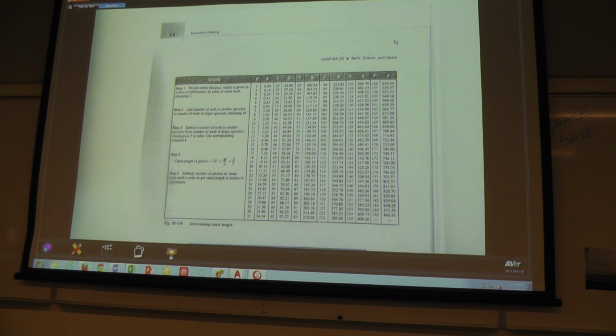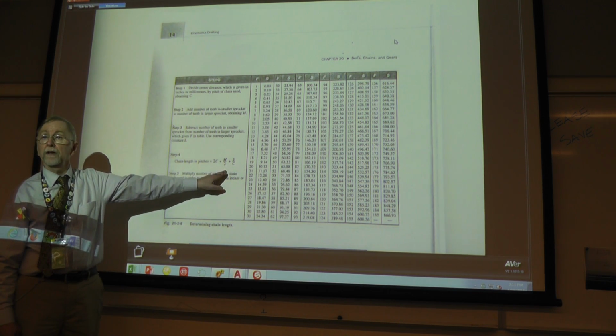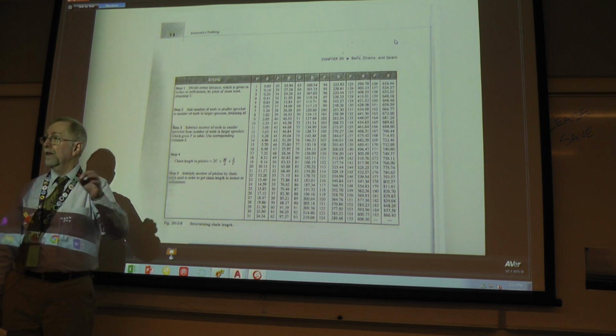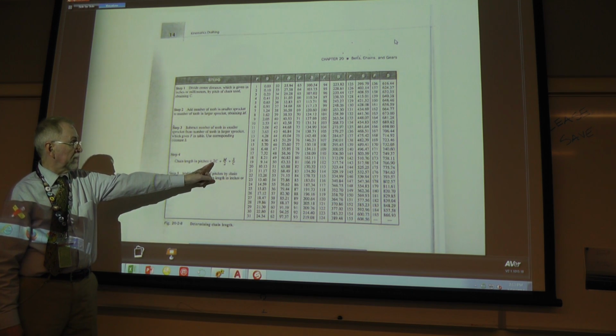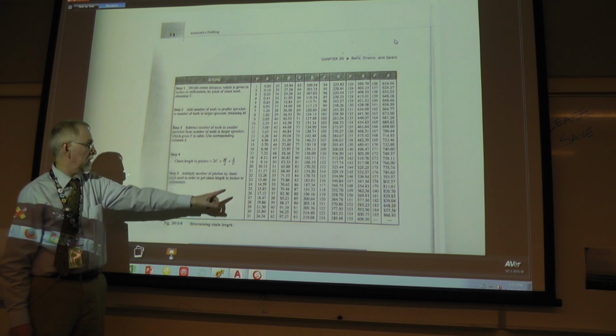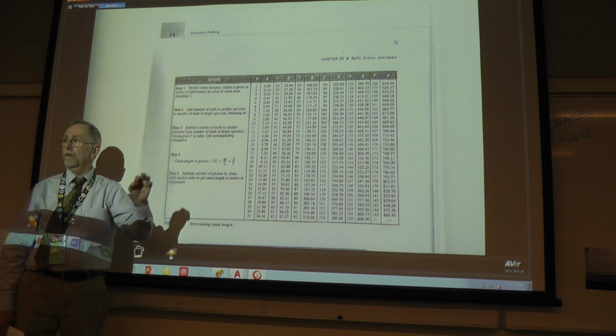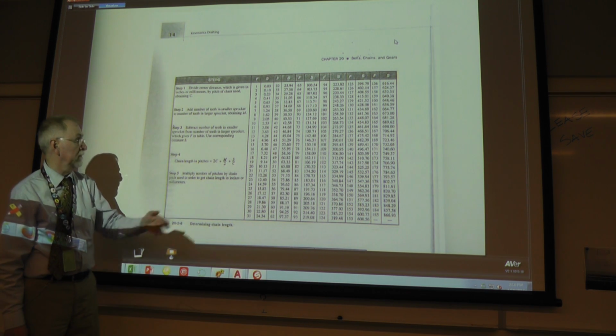The first chart that you're going to encounter on page 14, ultimately we're going to be using this formula in here to figure out what the length of the chain is going to be. It comes out to be 2C plus M over 2 plus S over C. C is the center-to-center distance between the motor and the piece of equipment that's being driven.